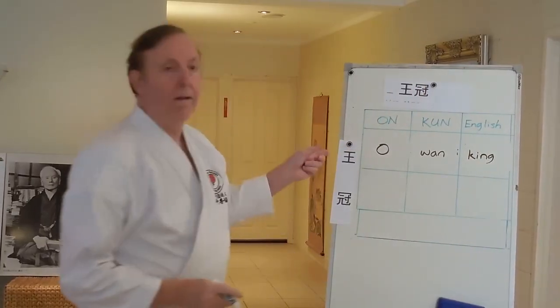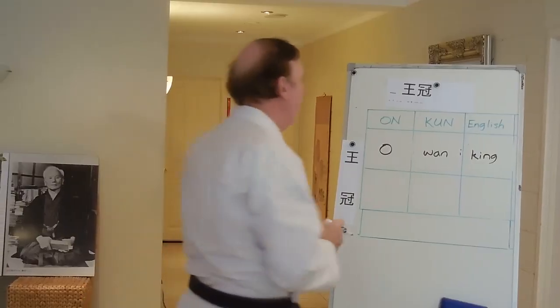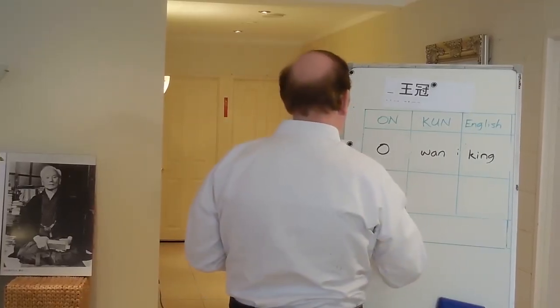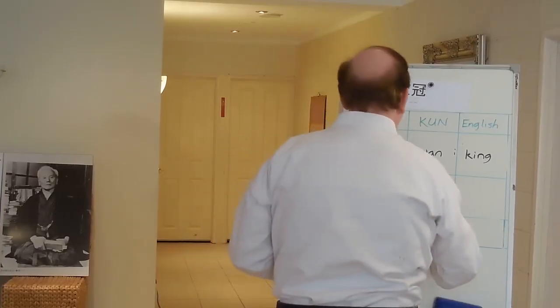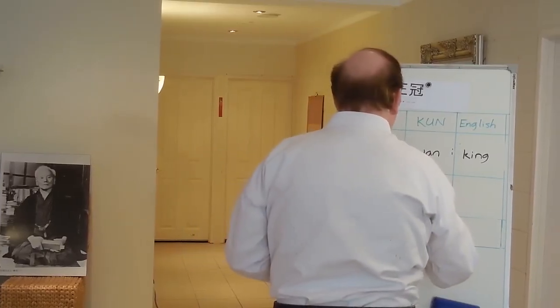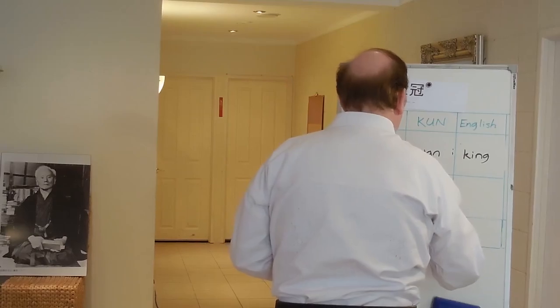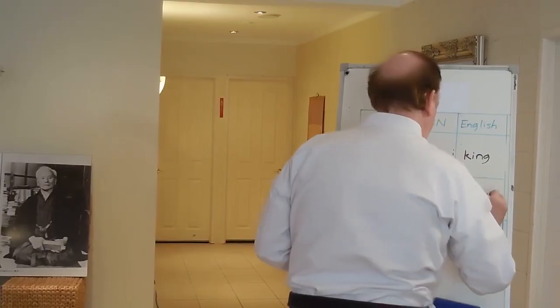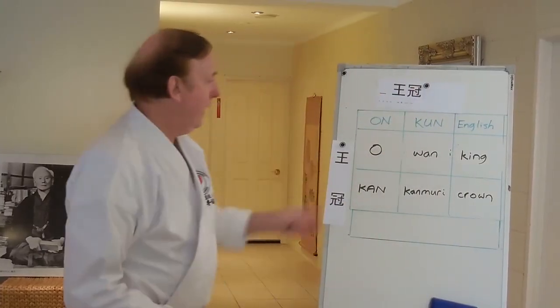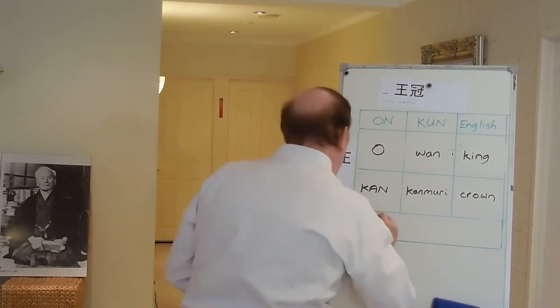So just one syllable on its own there. And kan comes from kanmuri, which means crown. So again, very easy to see how this one translates as king and crown.